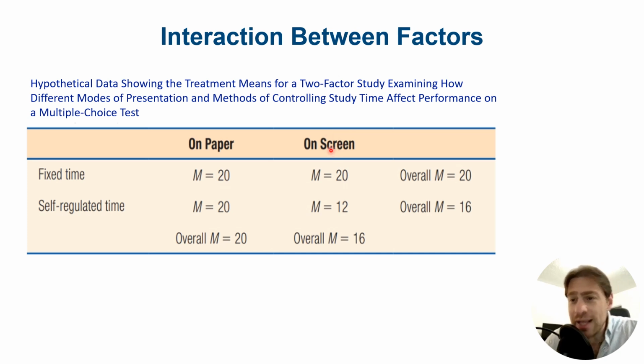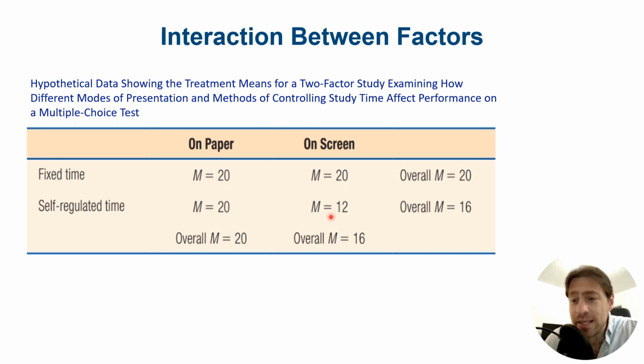But now let's consider the self-regulated time condition. Does presentation mode matter for this condition? Well, for paper, the mean is 20. But for computer screen, the mean drops to 12. And let's just call that difference significant.